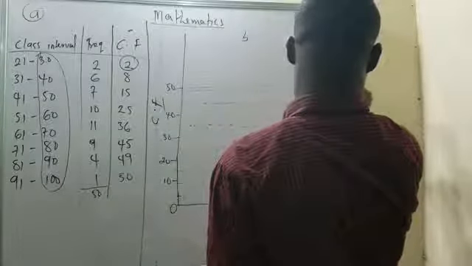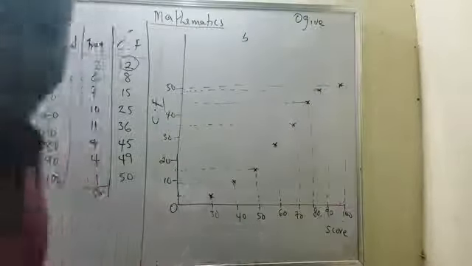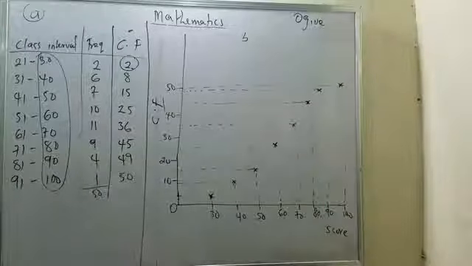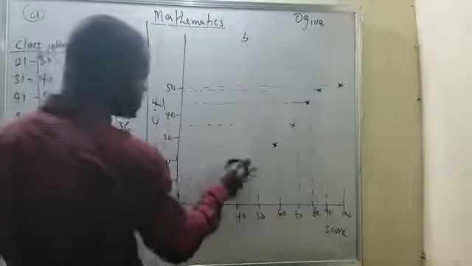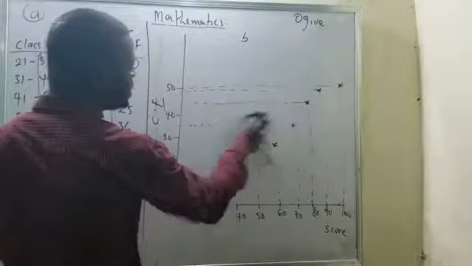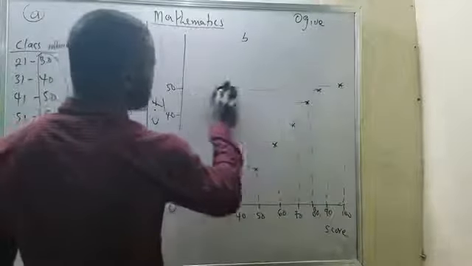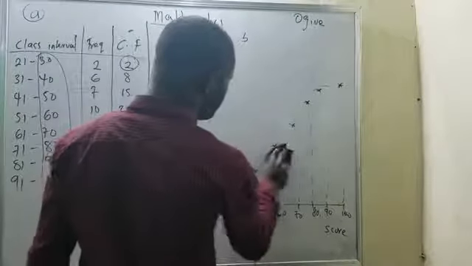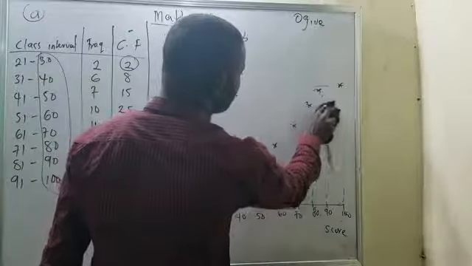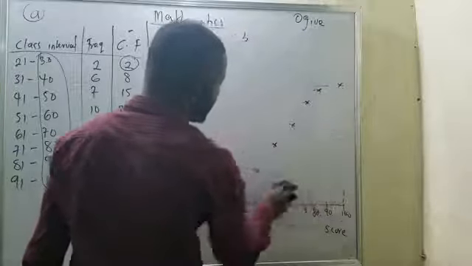Now, I have it already. If I want to do it very well, it's good to rub this up. I just need the points, so I have to rub this part off.